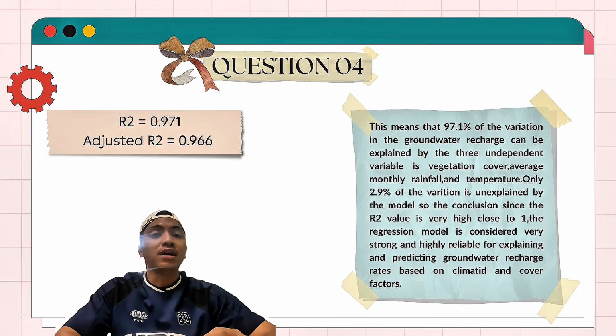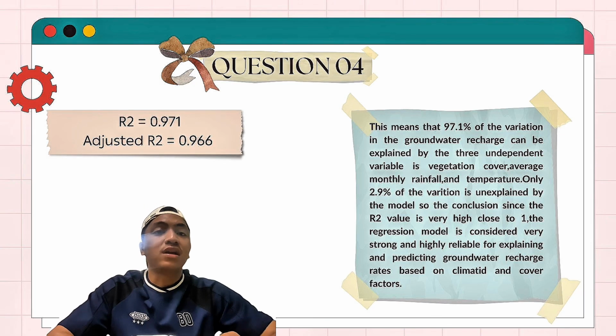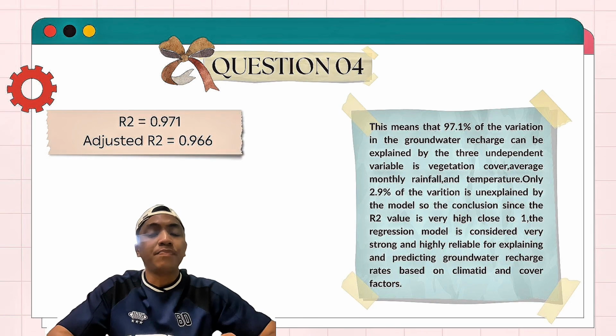Only 2.9% of the variation is not explained by the model, since the R square value is very close to 1. This tells us that our regression model is very strong and highly reliable. Therefore, this model is effective in explaining and predicting groundwater recharge rates, particularly when we consider climatic and vegetation cover factors.